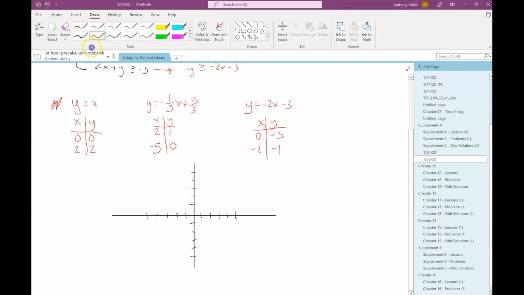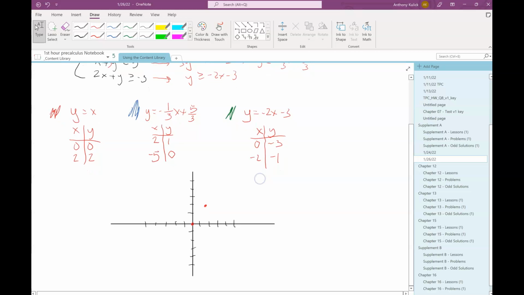So this one I'm going to draw in red. This one in blue. I'll draw this one in green. So I have 0, 0, and then 2, 2. And this was an or equal to inequality, so I'm going to draw it with a solid line.